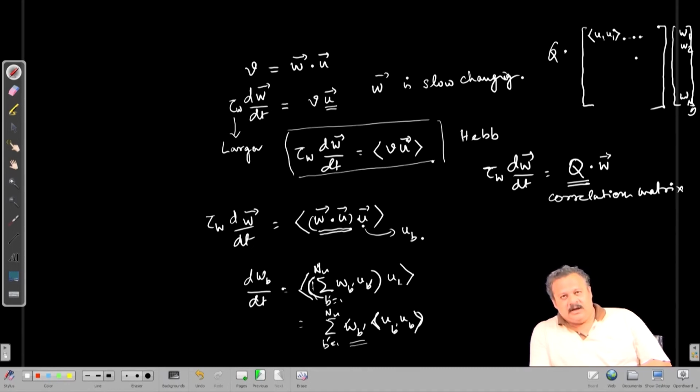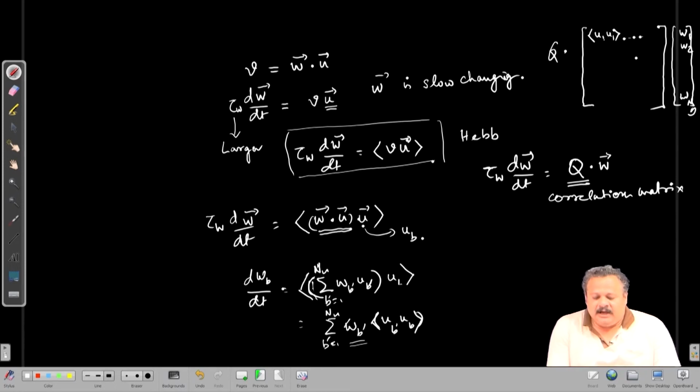Given V and U are positive, it is simply not possible to have any kind of decrease in weights, and all of them will keep on increasing. So, in general this would fail, and it is a runaway kind of model where the weights keep on increasing, and ultimately it is an unstable situation that is created.